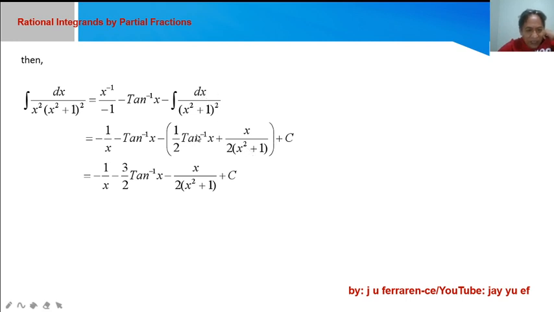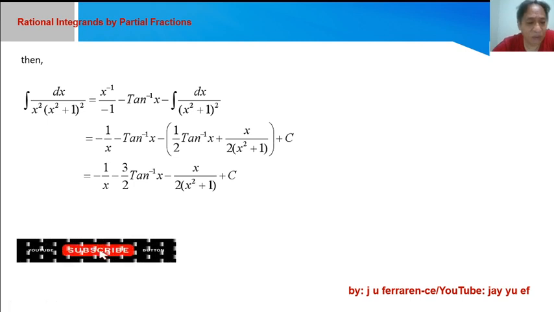We have 1/2 plus the arctan of x plus x over 2, then multiplied with x squared plus 1. By the way, these terms are similar. So if I have minus 1 and I have minus 1/2, we can combine them as minus 3/2. And this is also a negative term. So there you arrive with a final answer.